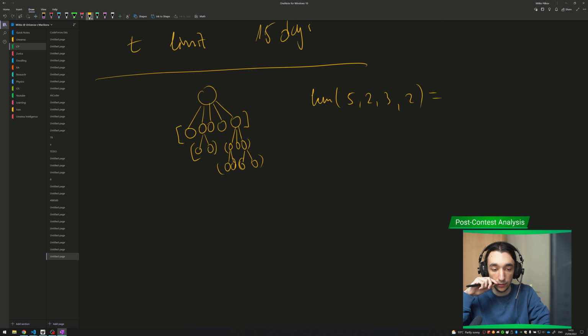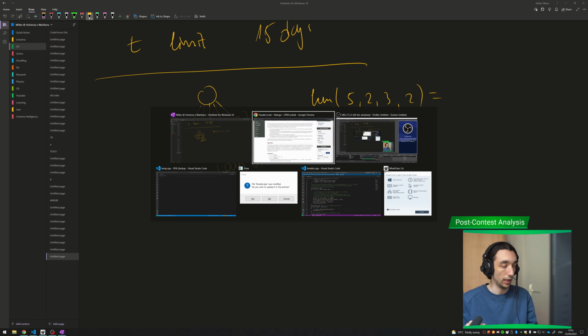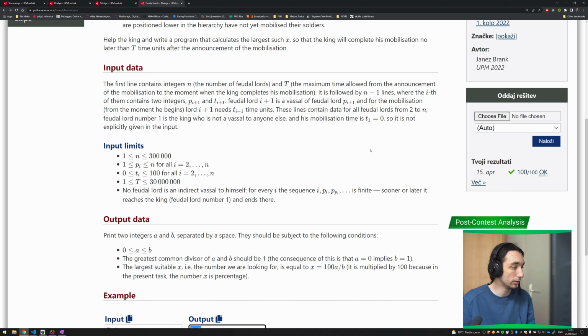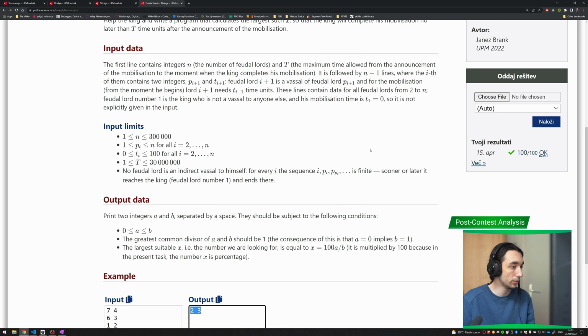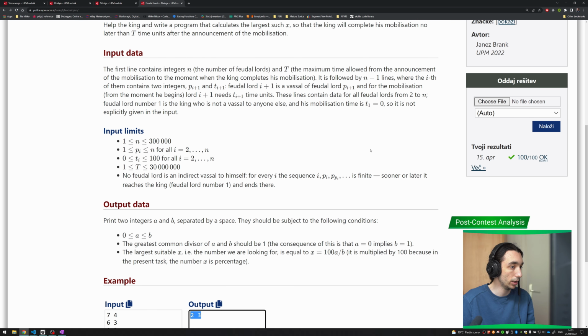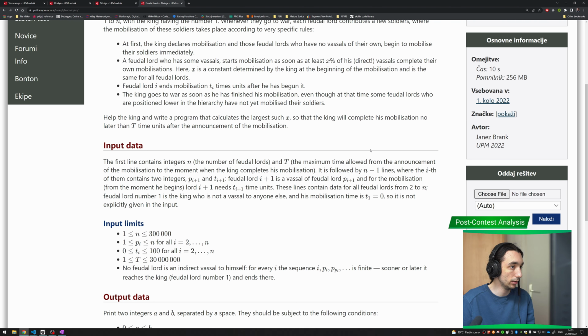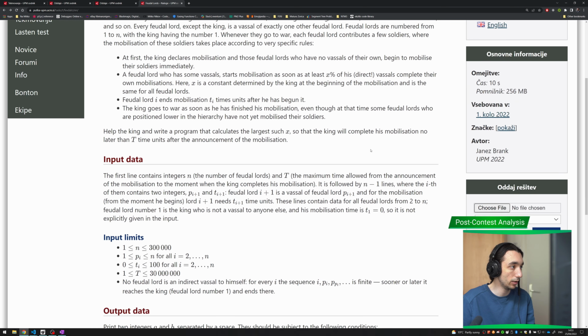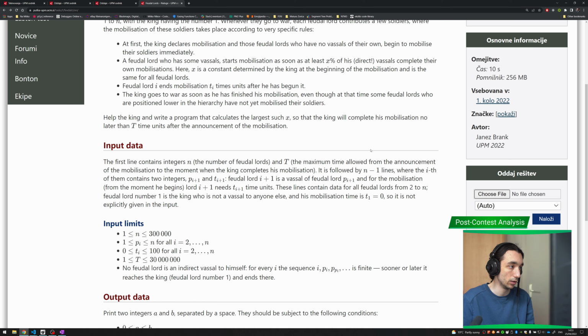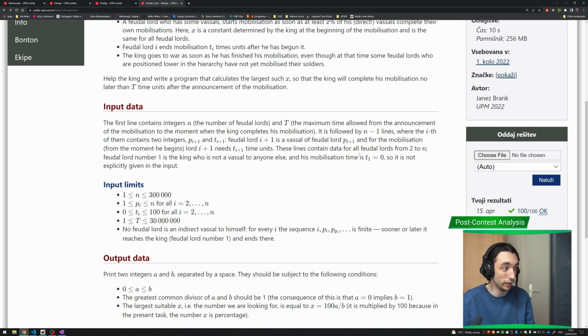And believe it or not, they do not have a counterexample for this in the tests. Let me just read again if they mentioned that somehow the LCM should be small, but no, they do not mention that.